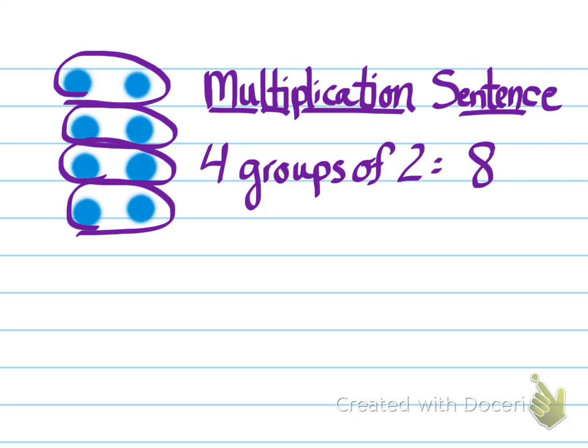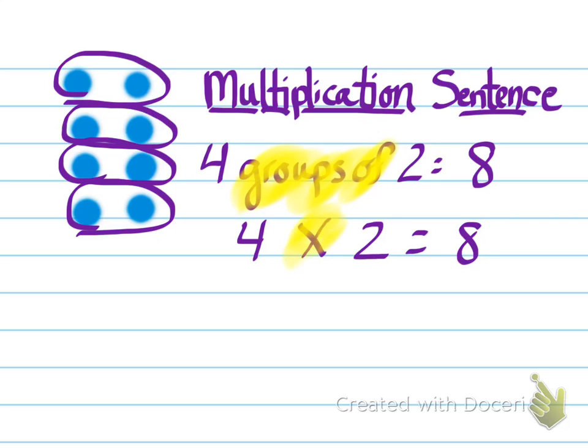Of course we know 4 groups of 2 actually means 4 times 2 equals 8, because I cannot stress enough that this "groups of" really means to multiply.